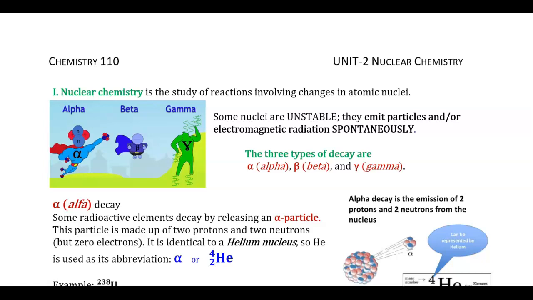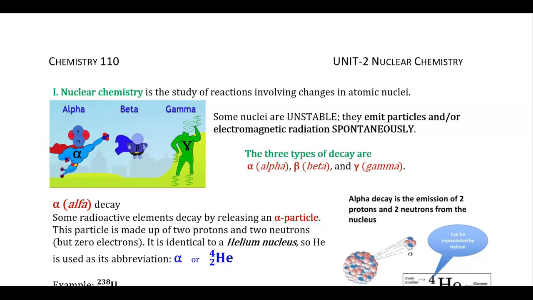So, you know that the nucleus contains protons and neutrons. Some of them are stable and some of them are not stable. If they are unstable, they emit particles. So they can produce electromagnetic radiation, and usually it happens spontaneously.